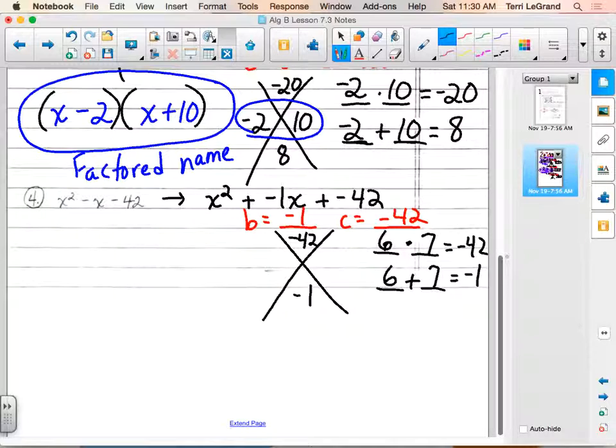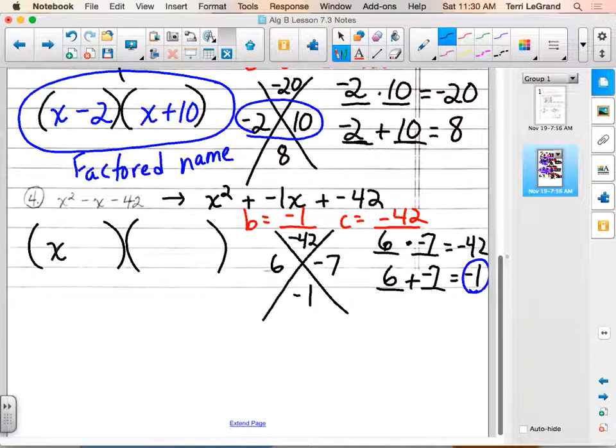We just have to decide which one's going to be positive and which one's going to be negative, so that when you add them up, they will add up to negative 1. So we have to give the negative sign to the 7. So our factors, oh, we could go in here and put them in our diamond, I'm sorry. 6 and negative 7 belong in our diamond, which helps us then set up our binomials.